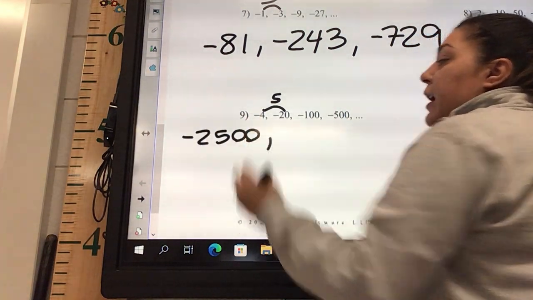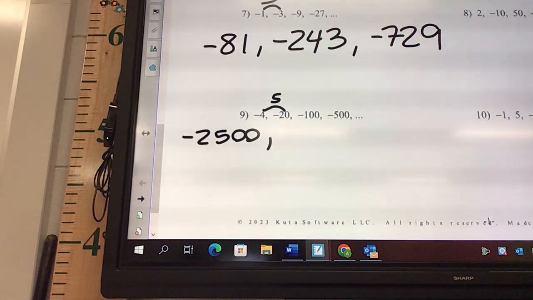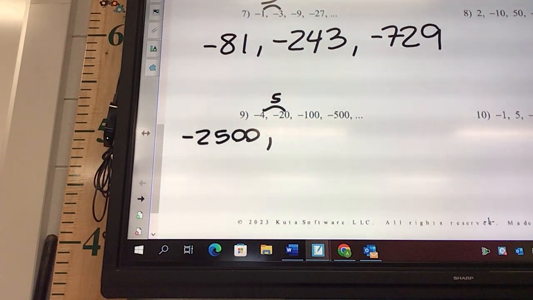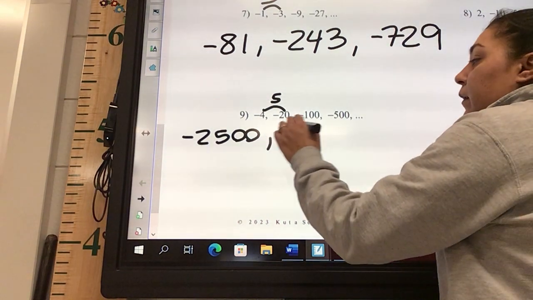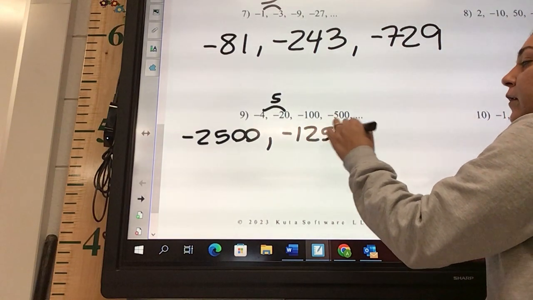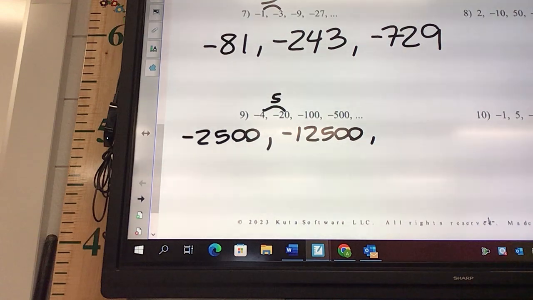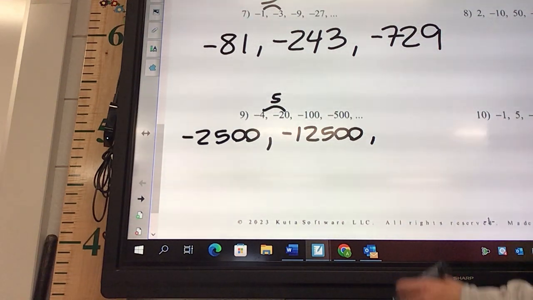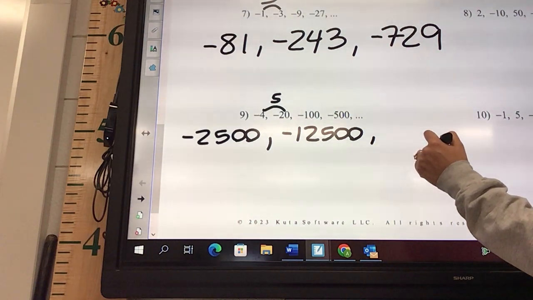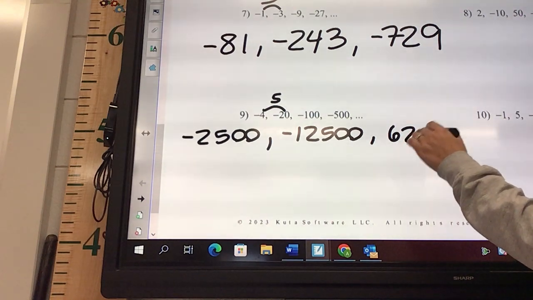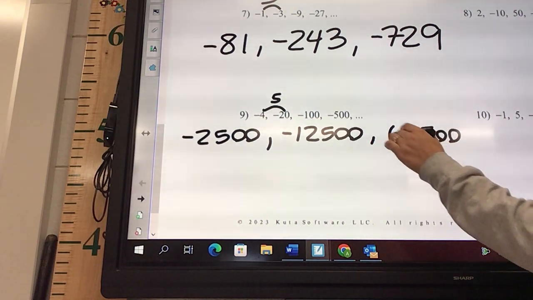Negative 2,500 times 5. And then times 5 again. 62,500.